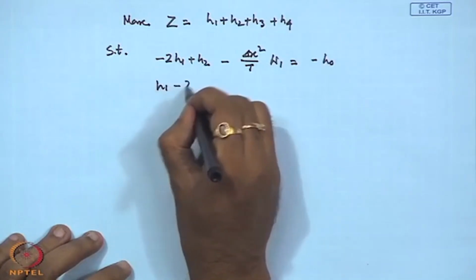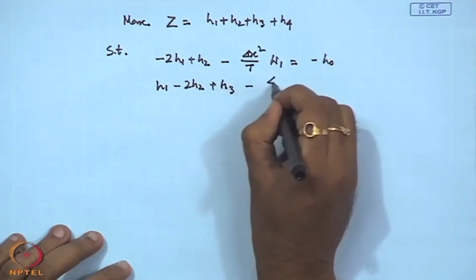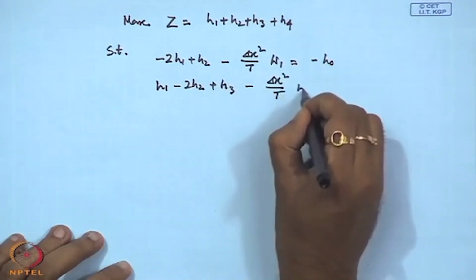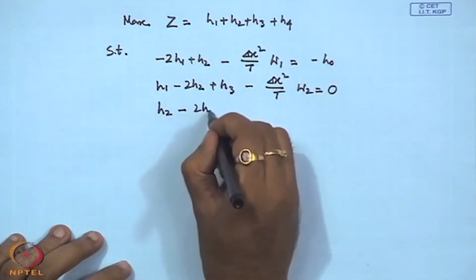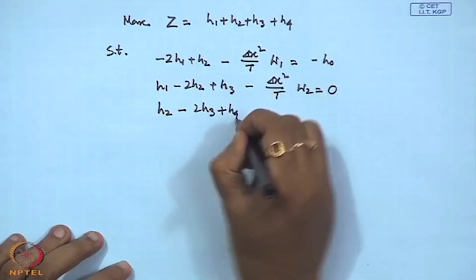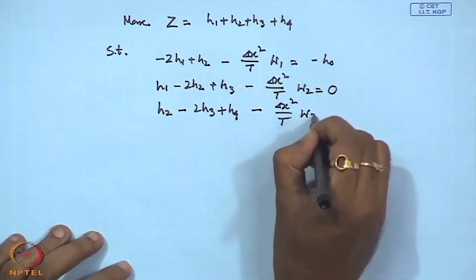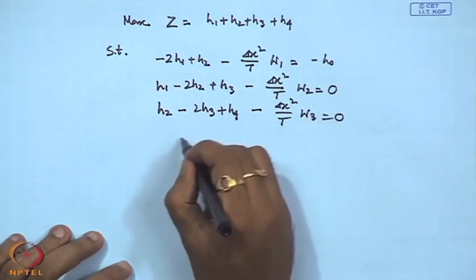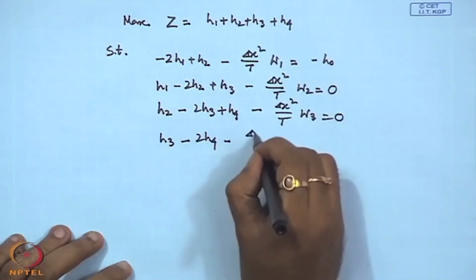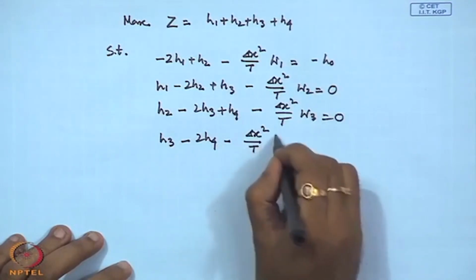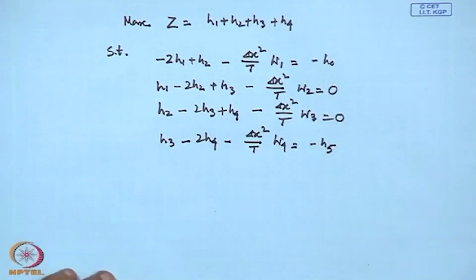This is H1 minus 2 H2 plus H3 minus del x square by T W2 equals to 0, H2 minus 2 H3 plus H4 minus del x square by T W3 equals to 0, this is H3 minus 2 H4 del x square by T W4, this is minus H5.